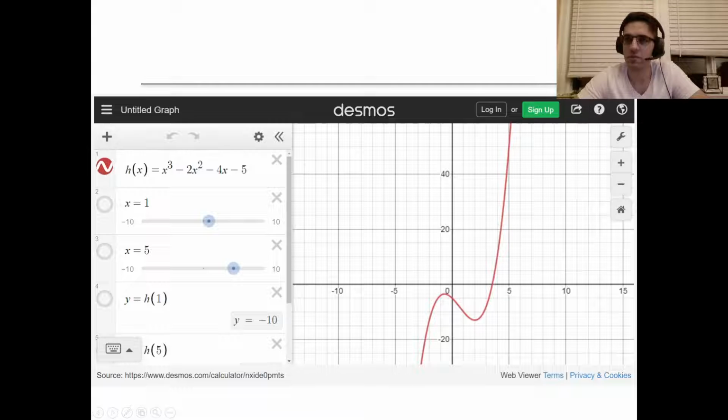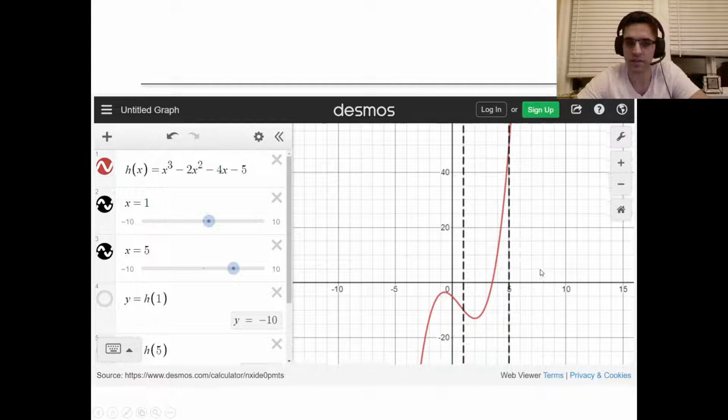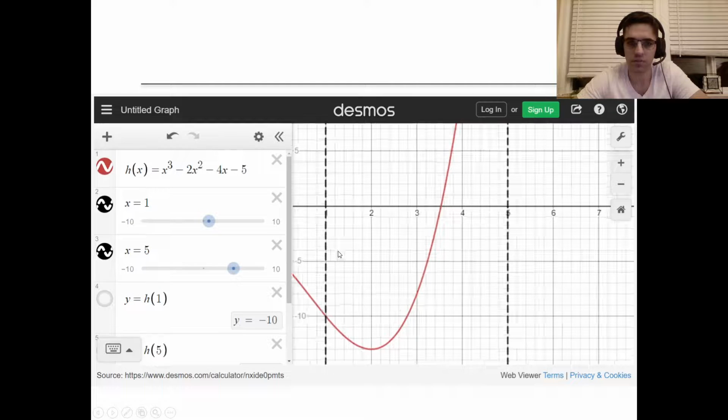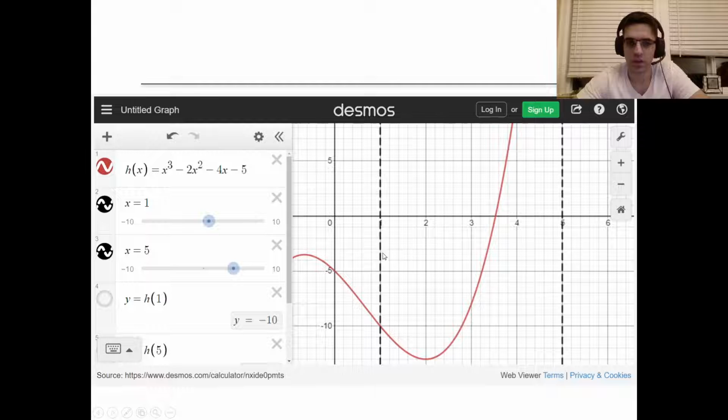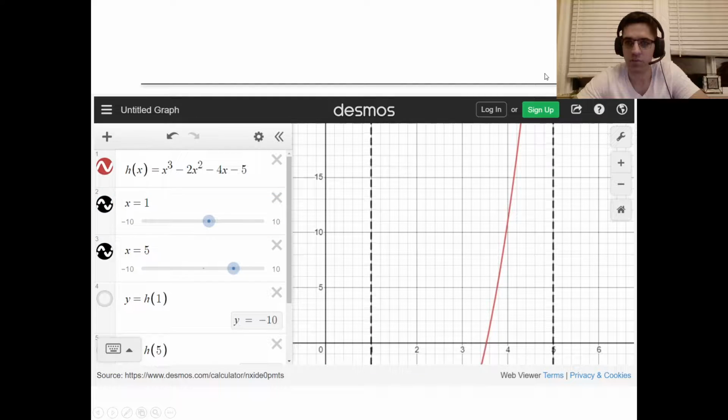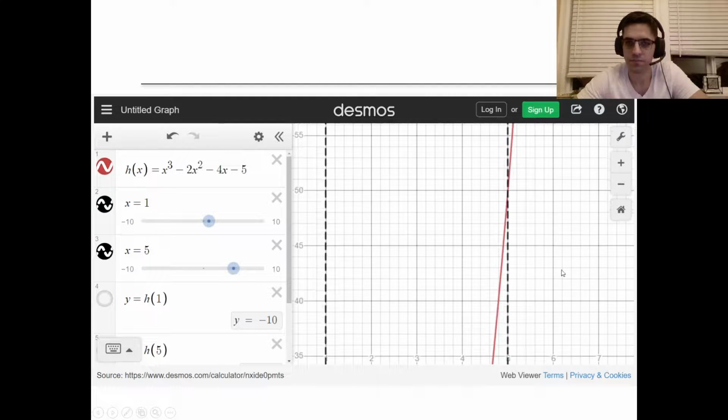All right, we can confirm this with our graph. If I look at values x equals 1 to x equals 5, I can see our interval. At 1, here's our negative 10, and at 5, it's way up here at 50.